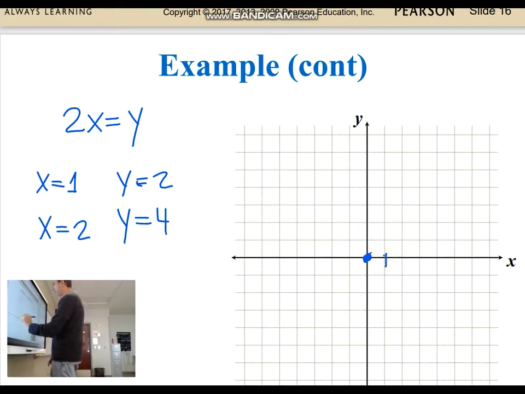x equals 1, y equals 2, another point here. And x equals 2, y equals 4, another point right here.